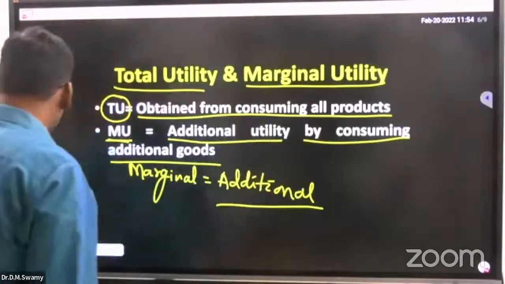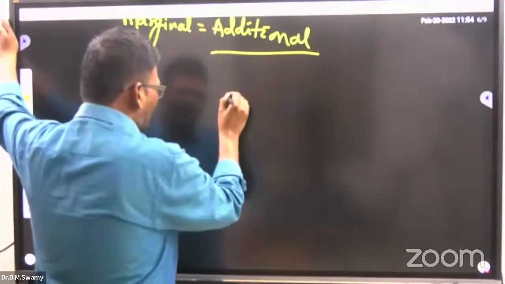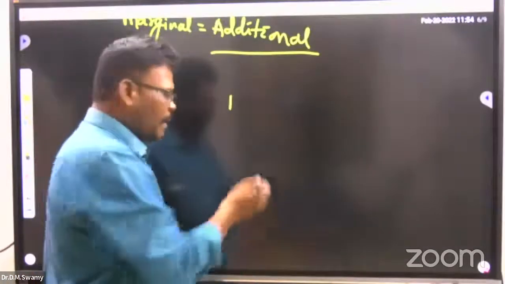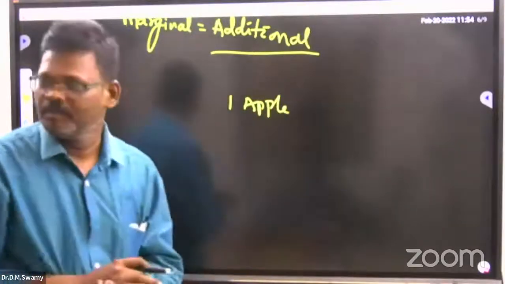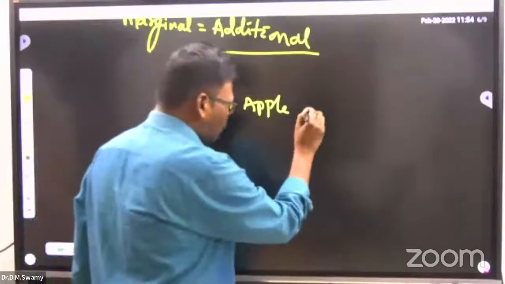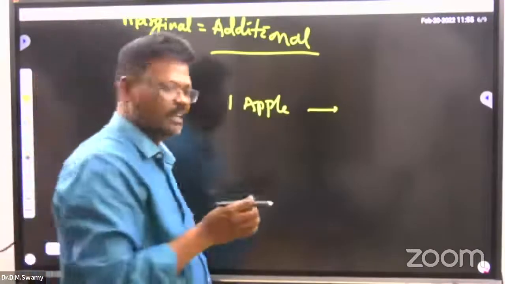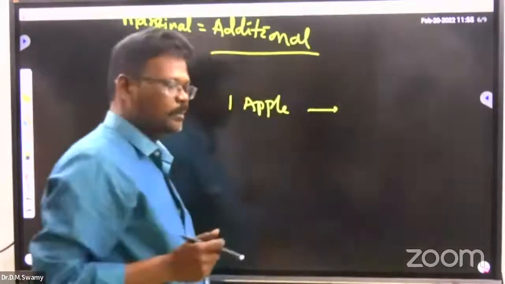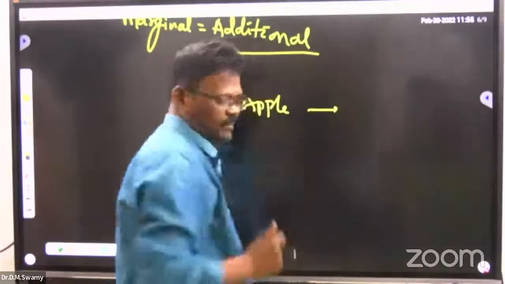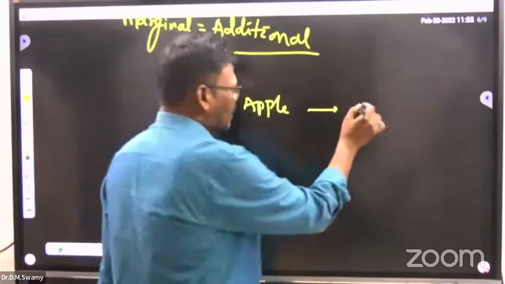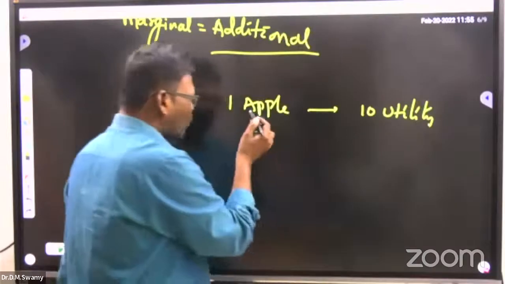For example, take one commodity, maybe an apple or mango. By consuming one apple, he gets 100 utils of utility.